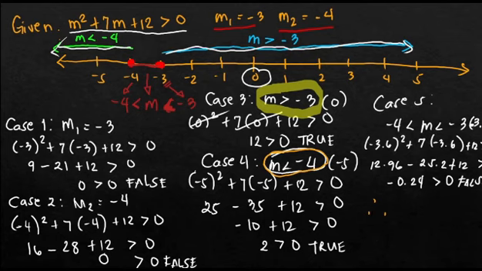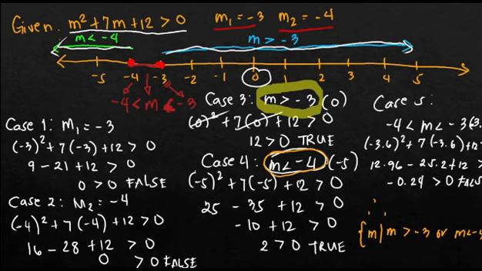The interval of the solution set of the given inequality m squared plus 7m plus 12 greater than 0 are, let's put a bracket, m such that m is greater than negative 3. Kukunin lang natin yung case 3. Or m is less than negative 4.